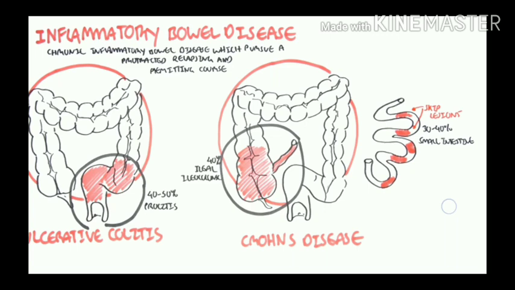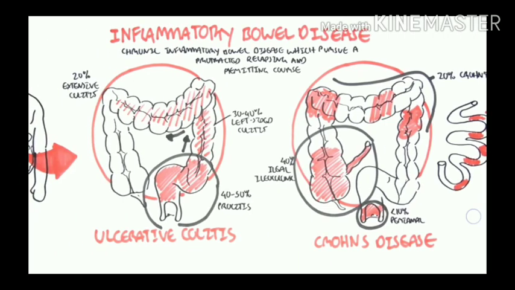And finally, a small minority of cases are observed in the perianal region, which is mostly less than 10%. These are the typical characteristics. The most typical characteristic involved in this is skip lesions.